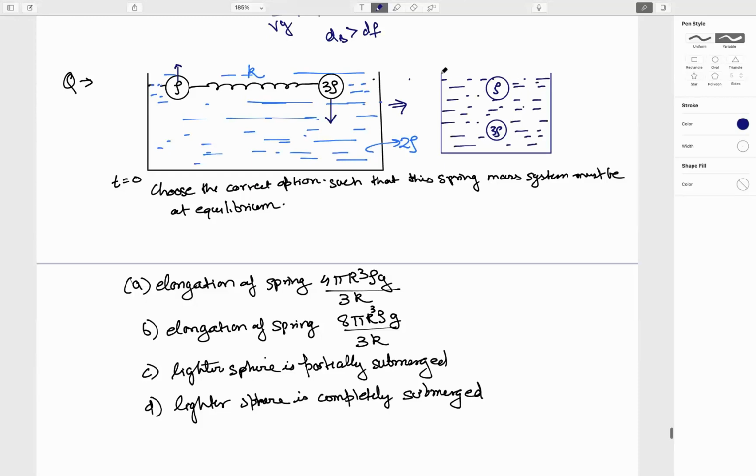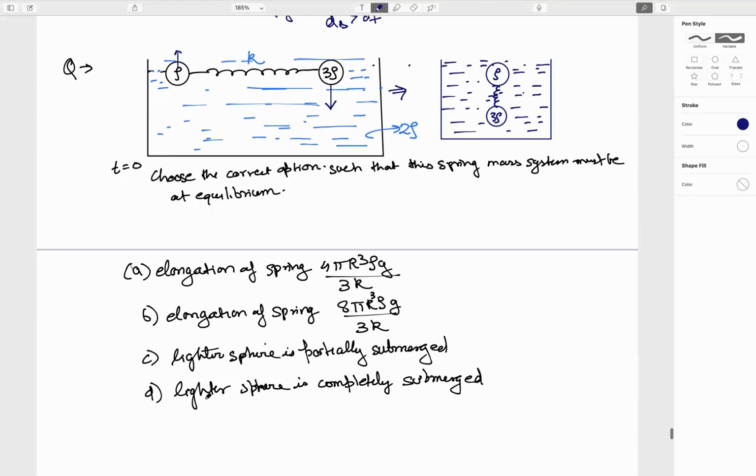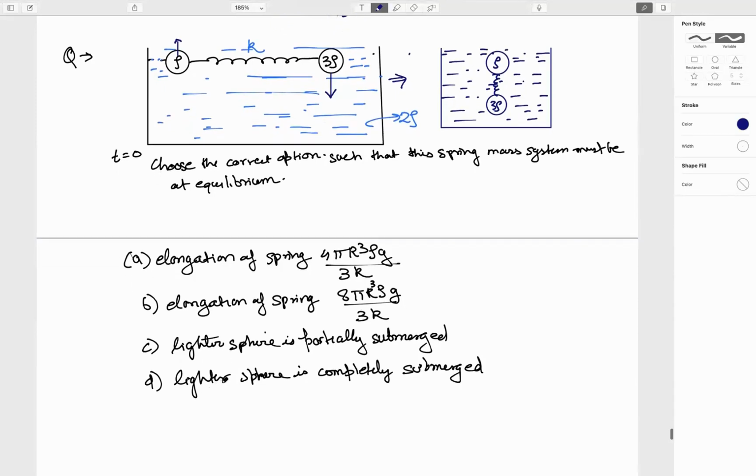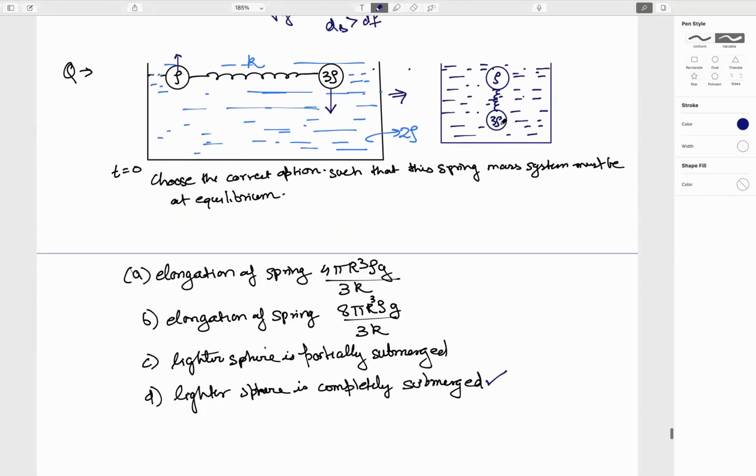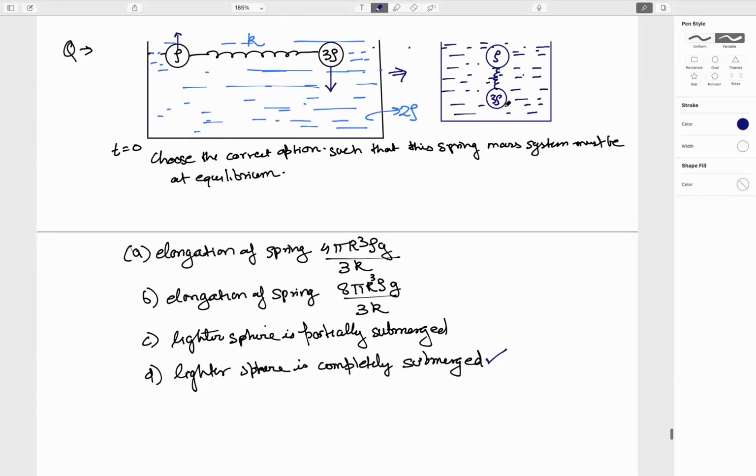So consider that it is completely submerged. The system is completely submerged for now. If the system is completely submerged, then out of these options, let's take this option. If let's say this option is correct, then make a free body diagram of it.